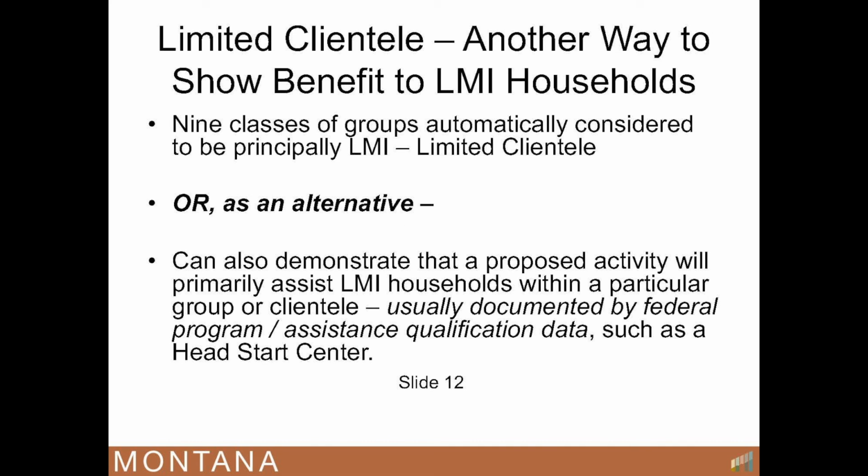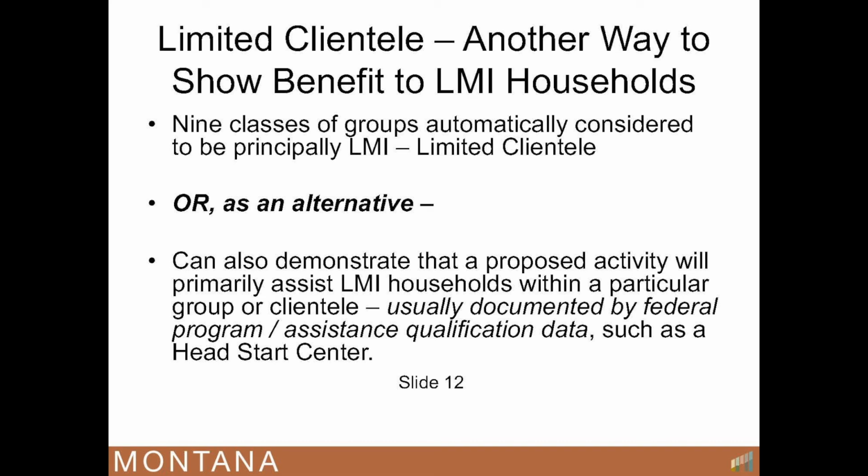Slide 12 illustrates another approach to show benefit to low and moderate income, and that's by demonstrating benefit to a limited clientele. By HUD regulation, there are 9 classes of groups that are automatically considered to be principally low and moderate income or limited clientele, and we'll discuss those in a moment.